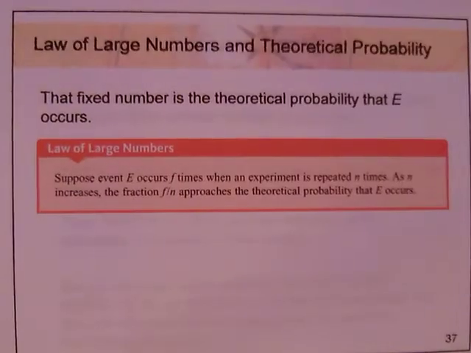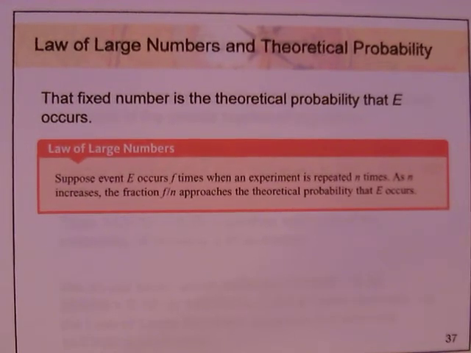So the law of large numbers, that fixed number is the theoretical probability that E occurs. So here the law of large numbers is this. Suppose event E occurs F times when an experiment is repeated n times. As n increases, the fraction F over n approaches the theoretical probability that E occurs, as I stated earlier.